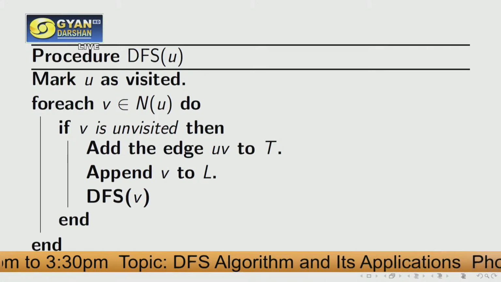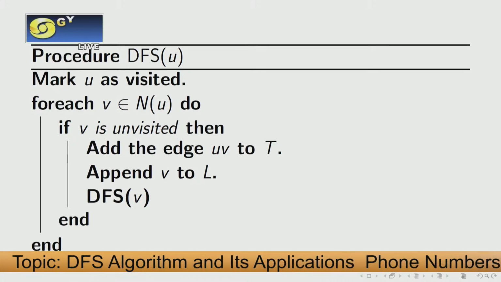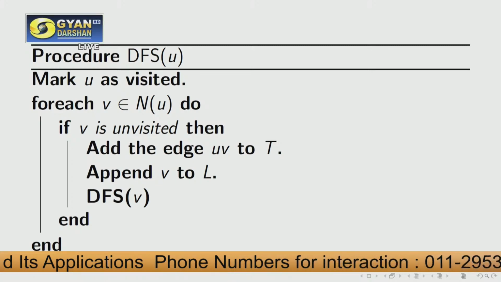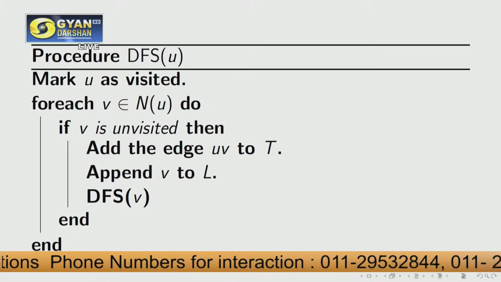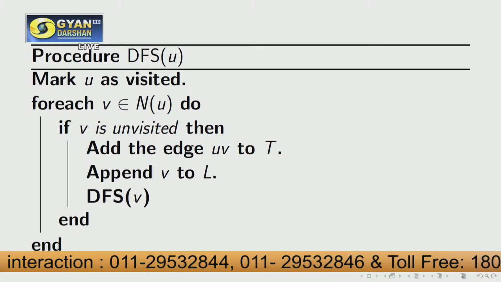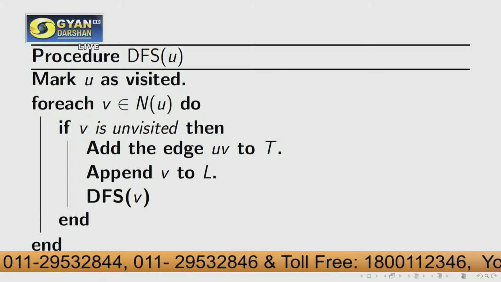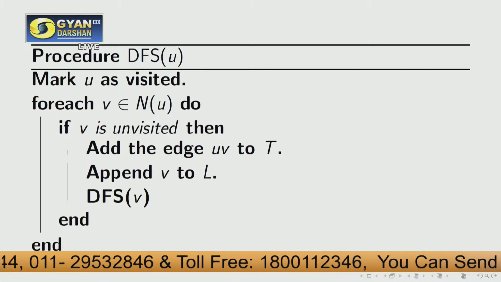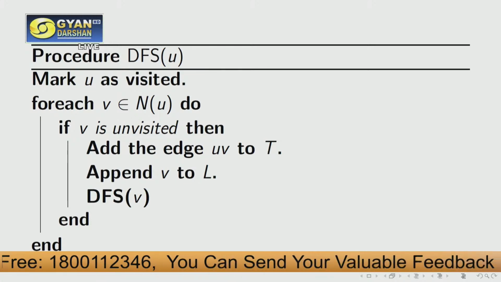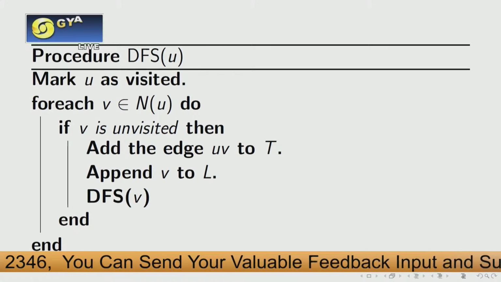So from the current vertex, say U, when this procedure is called, U is marked as visited, and then for each neighbor V of U, in notation V belongs to N(U), we check whether V is visited or not.